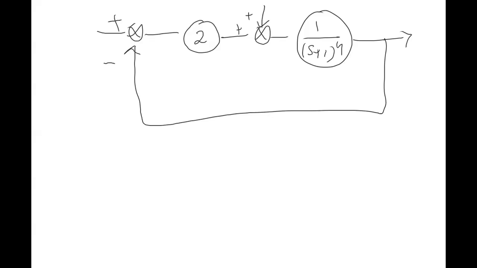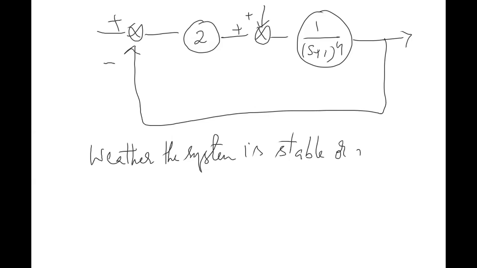Can you check whether this system is stable or not? How do you do this analysis? First equate the phase angle to minus 180. Find the frequency. At that frequency, find the amplitude ratio.